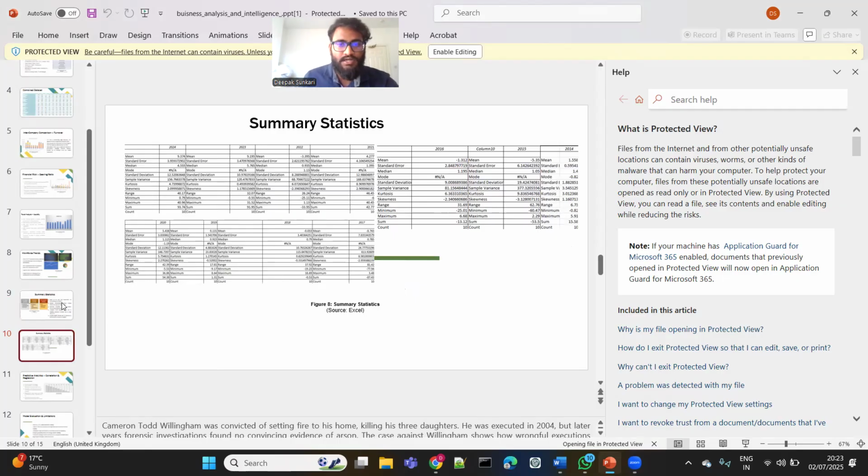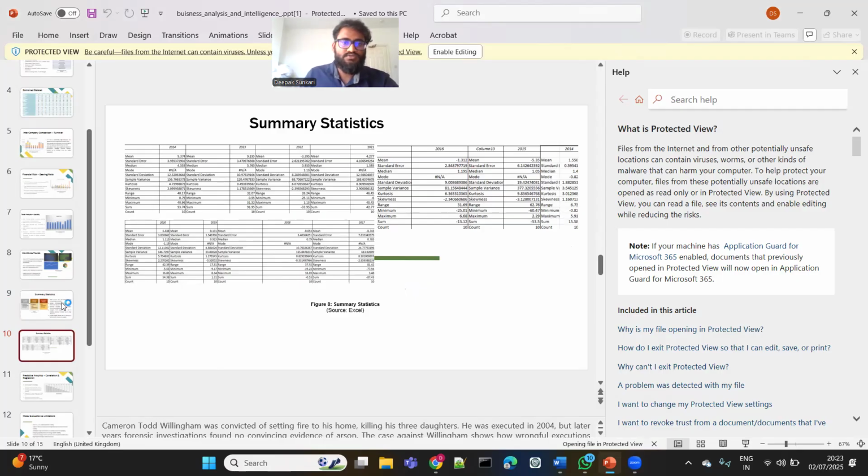Here come the summary statistics. The above figure shows the number of employees of Drax, SSE PLC, EDF Energy, and Uniper UK Limited.